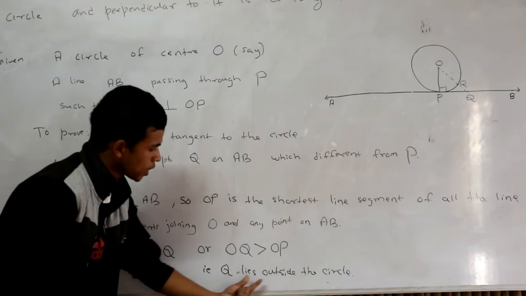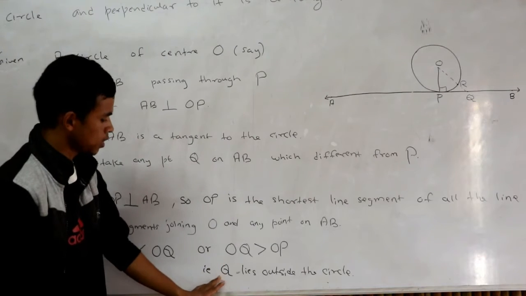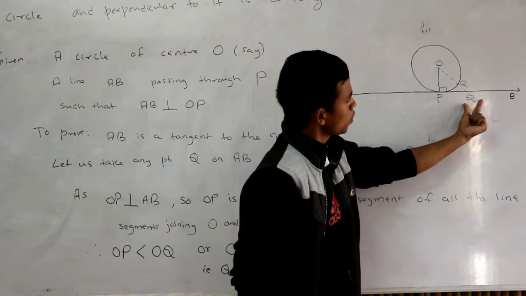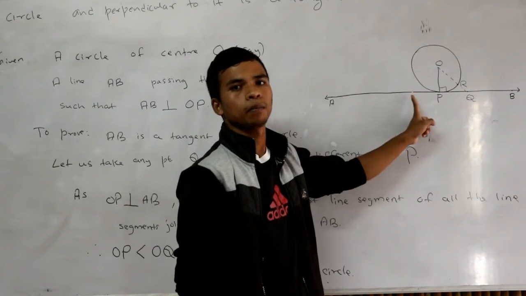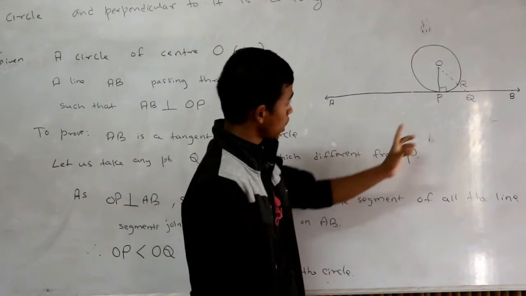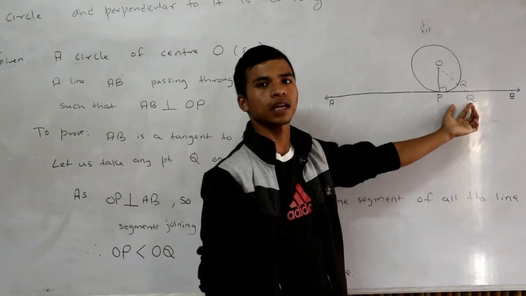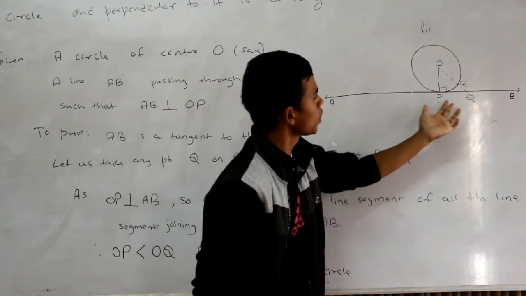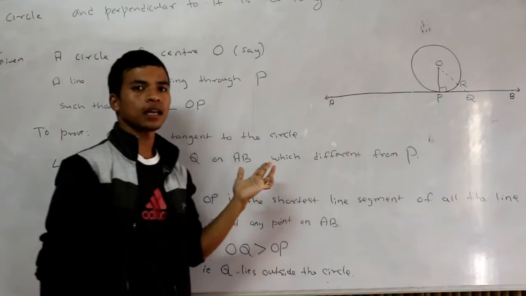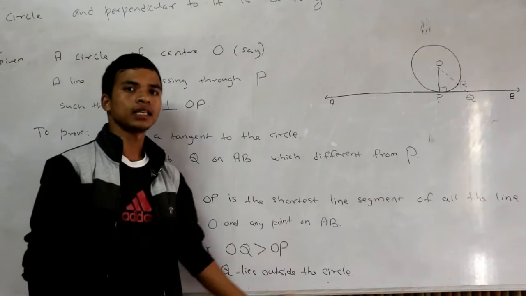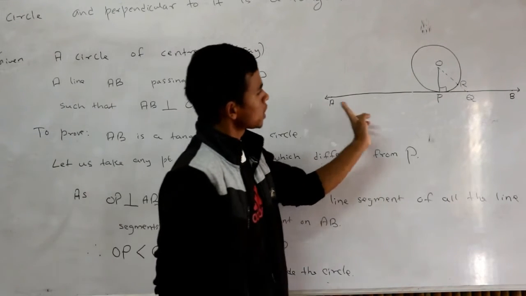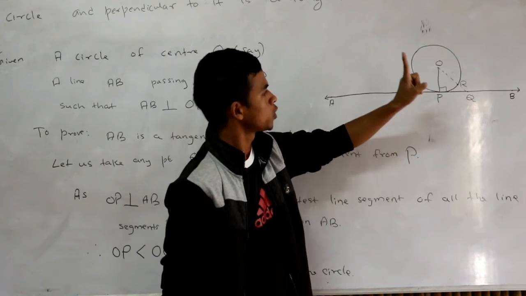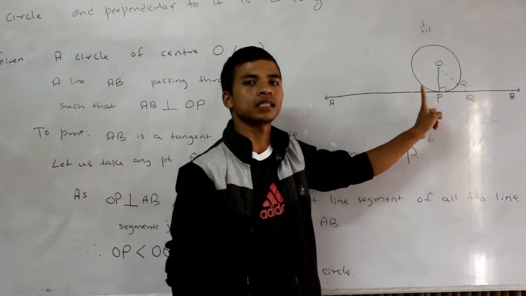So if it lies outside the circle, which means that it is not on the circle. So when we have taken this point Q anywhere on this line AB other than P, we have shown that Q is outside the circle. And if you take any other point anywhere on this line AB, that point will always lie outside the circle. So P is the only common point between this line and this circle.